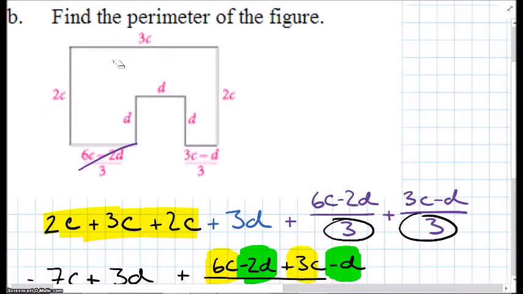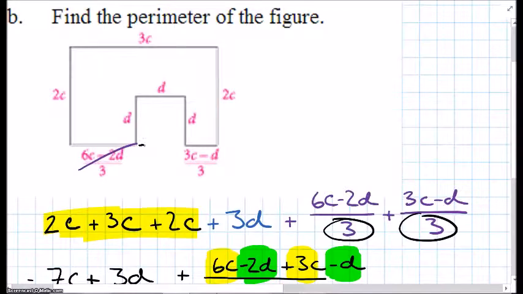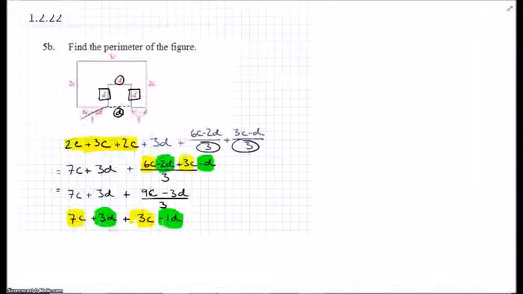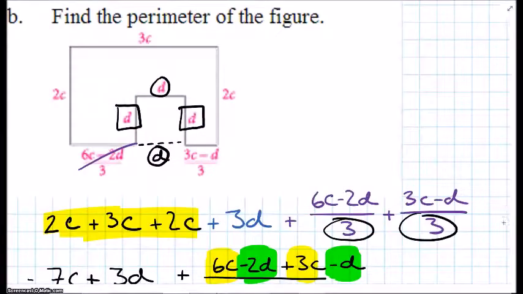Okay, if that indentation wasn't there, we'd have a D there. Well, that D is accounted for here and here. So what is added with that indentation? Well, that D is, and that D is. So our answer would be 2D. Hope that makes sense.